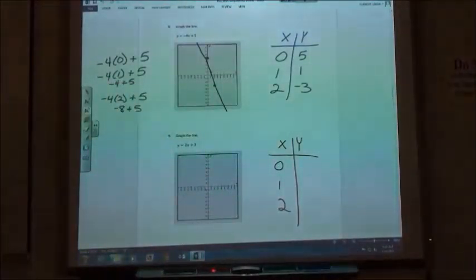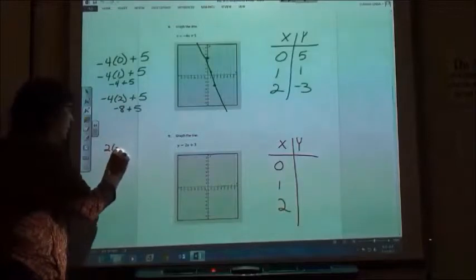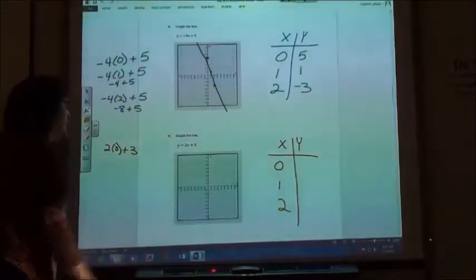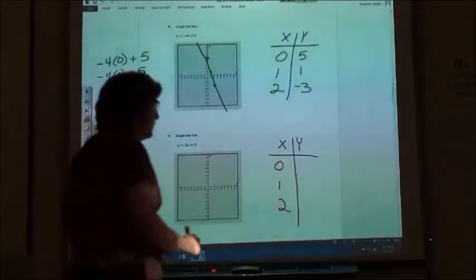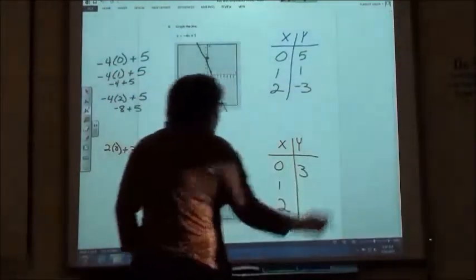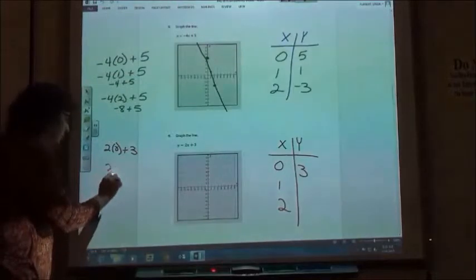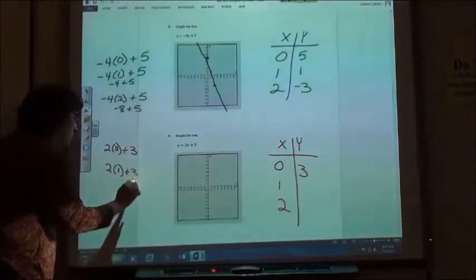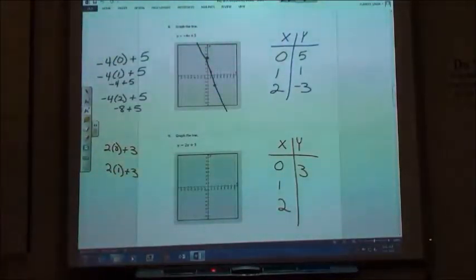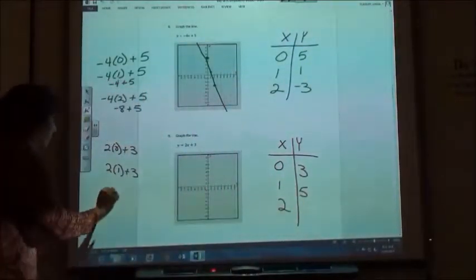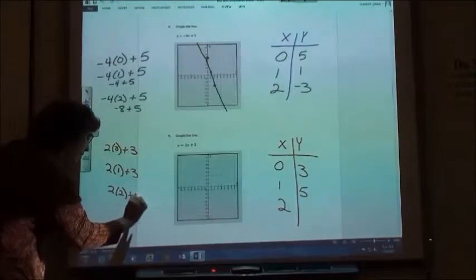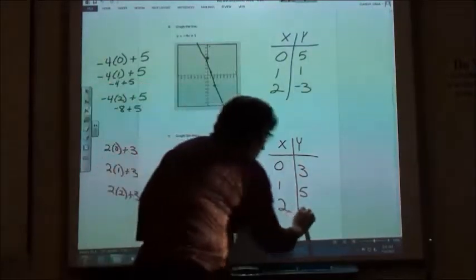So we're going to do 2 times 0, which is 0, plus 3. So that's going to be 3. Then you're going to go 2 times 1 plus 3, which is going to be 5. And then 2 times 2 plus 3, which is 7.